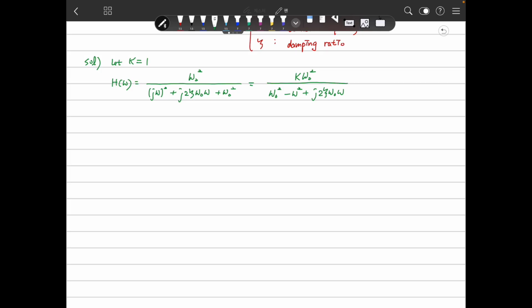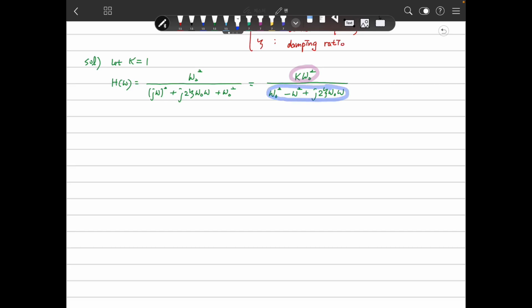If you simplify these functions, the numerator is very simple, a constant value in this case, but the denominator has the function of omega.